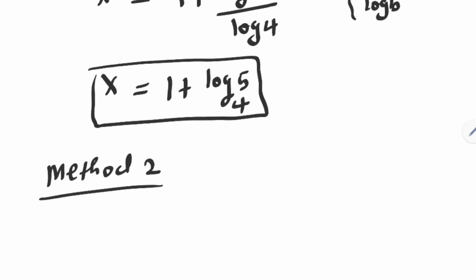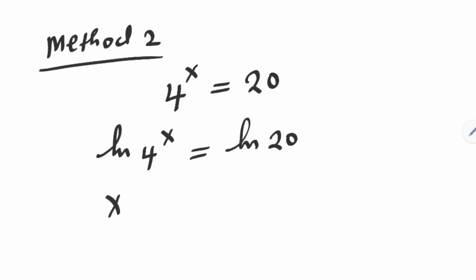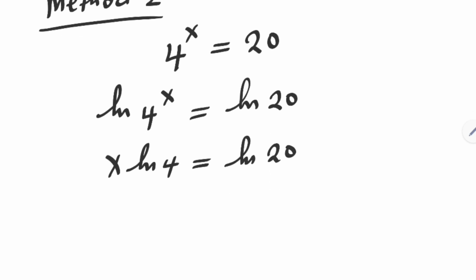We have the given equation 4 raised to power s is equal to 20. Now let us take the natural log on both sides of this equation. Ln of 4 raised to power s is equal to ln of 20. This is s ln of 4 is equal to ln of 20.